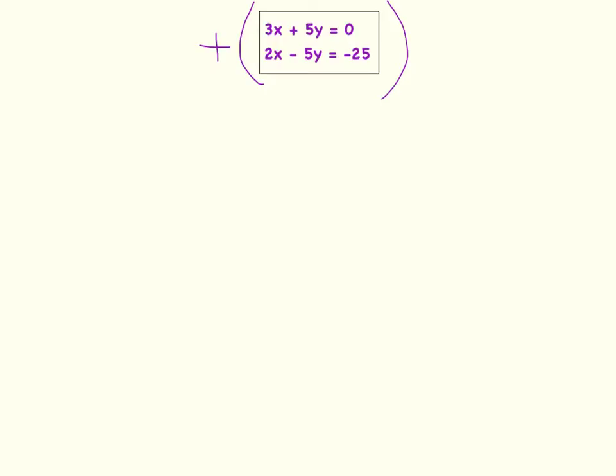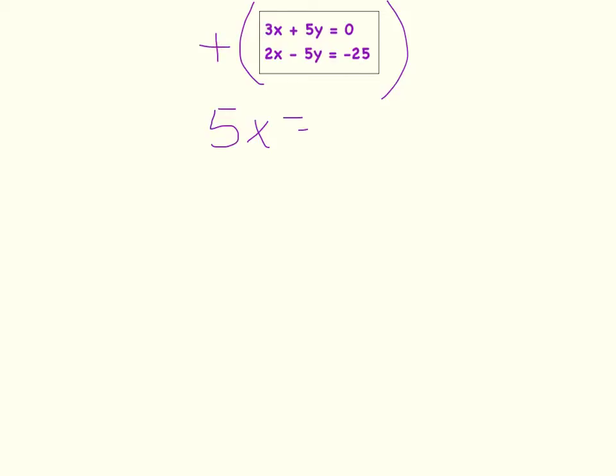So here we go. I have 3x plus 2x, which would equal 5x. Because 5y plus negative 5y equals 0, I don't need to show that. So now I'm going to move to the other side of the equal sign where I have 0 plus negative 25.